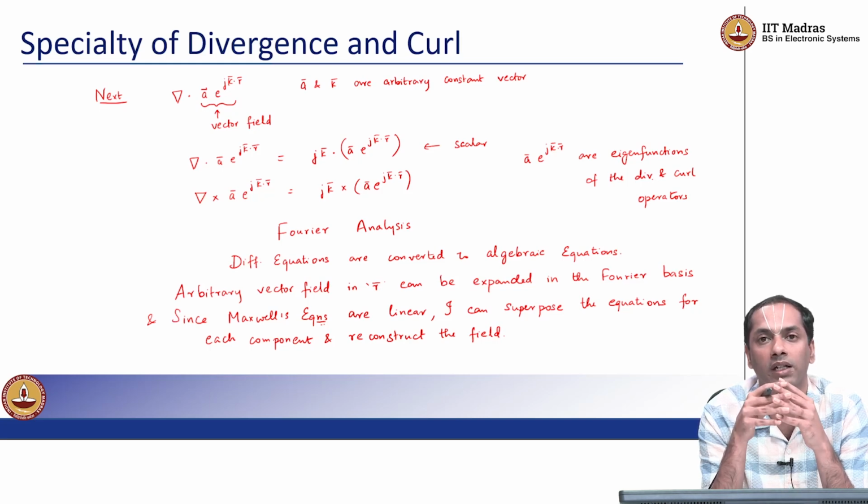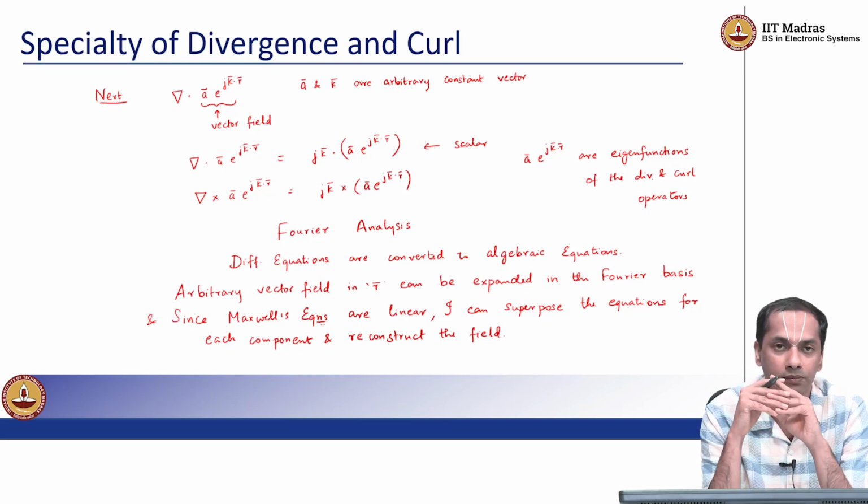So, electric and magnetic fields in any scenario with any distribution of currents and charges, we are able to use these set of equations and we are able to reconstruct the field uniquely in every given situation.